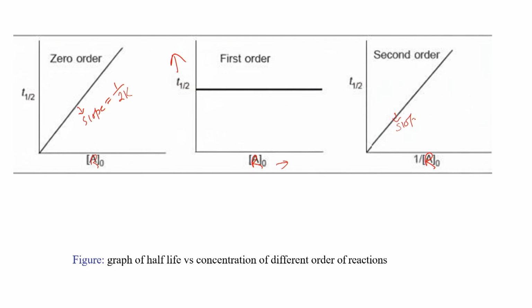What will be the slope of this straight line? Slope will be 1 by K. So, from the slope, if we plot 1 by R naught versus T half for a second order reaction, we can calculate the value of the rate constant.